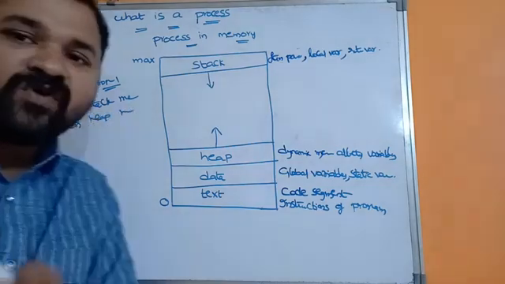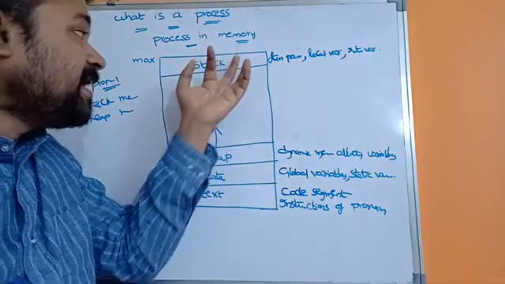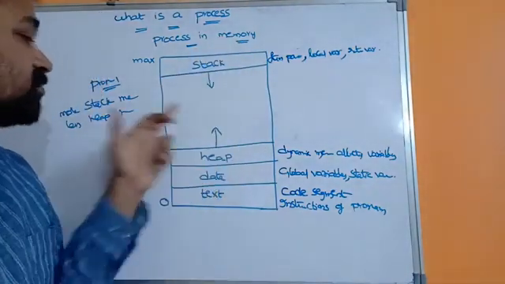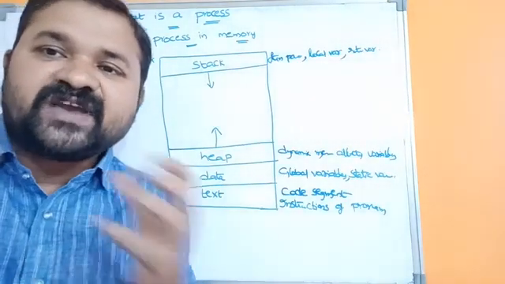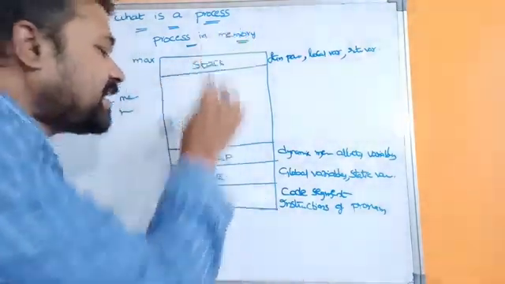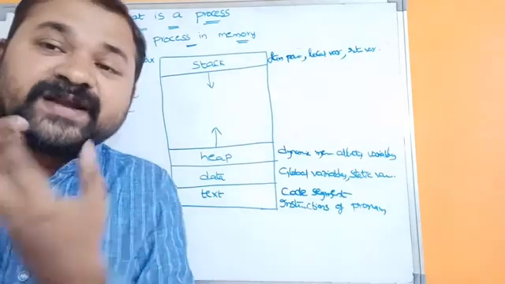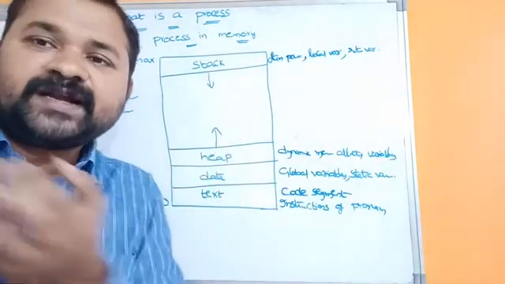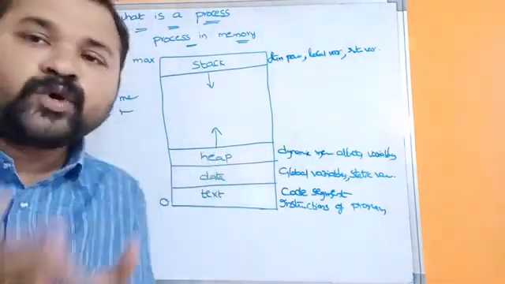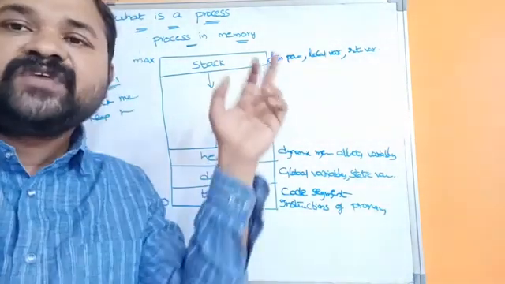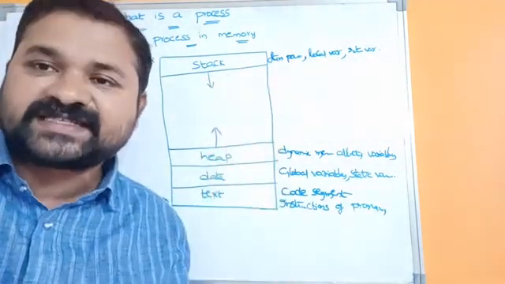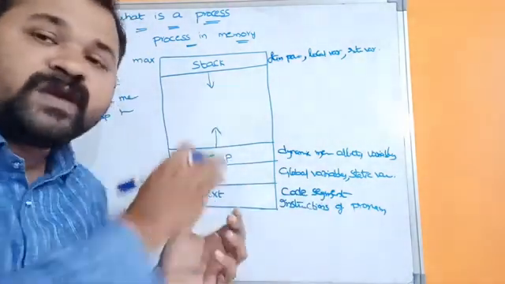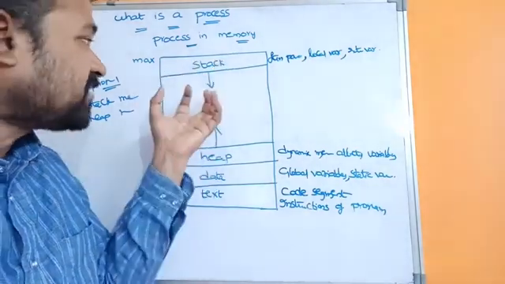In that case, the stack will make use of more memory and the heap will make use of less memory. That's why we should not split the stack and heap. Depending upon the program, they will share. Let us assume that in a certain program heap memory is very high, whereas stack memory is very low. In that case, the heap will make use of more memory and the stack will make use of less memory.